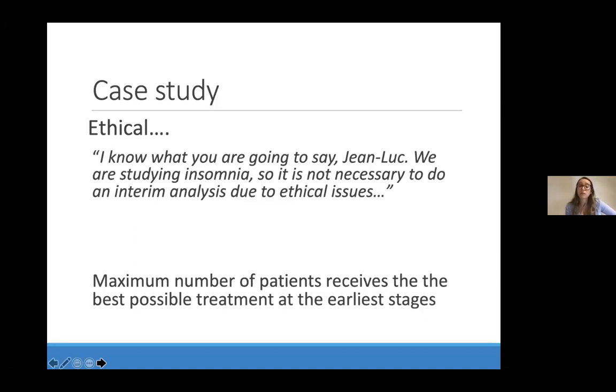There's no specific treatment, and for different cancers, the treatment can be different. So if you can get a new treatment on the market, available for everyone as fast as possible, it's better, right? So in this case, interim analyses are considered for these ethical issues. Agree?